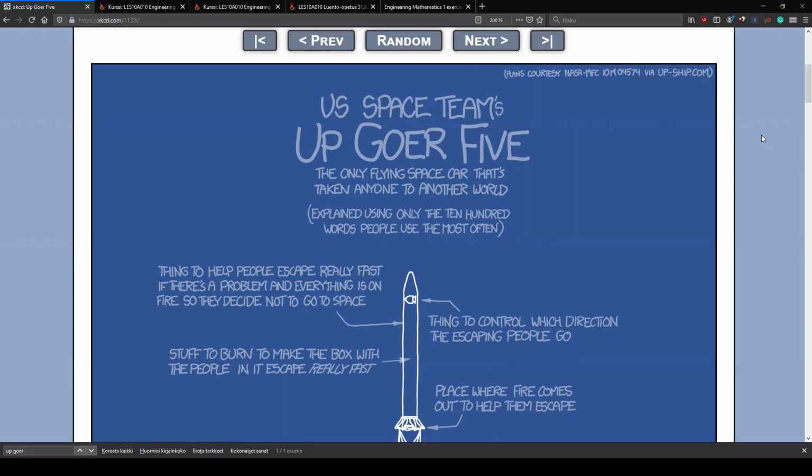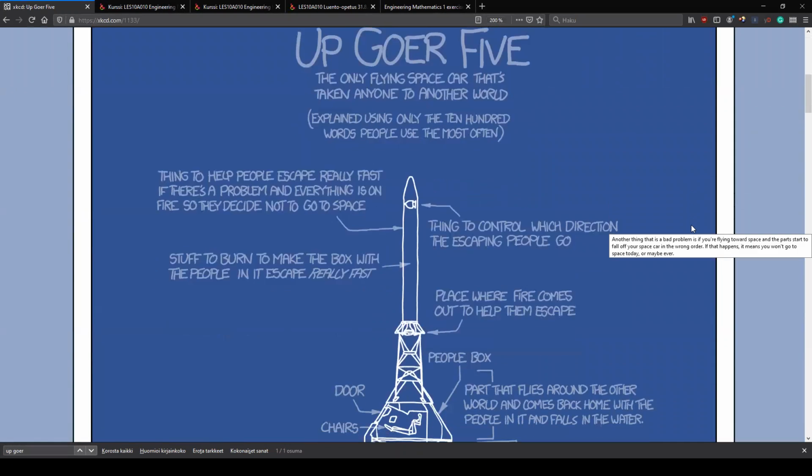Of course, simple English probably won't have any of your mathematical terms because this is taking only a few of the most common words in the English language. So this is already overdoing it if you're trying to explain how Saturn V, or here Upgoer 5, works. So US space team is probably NASA. And this is using the 1,000 words people use most often.